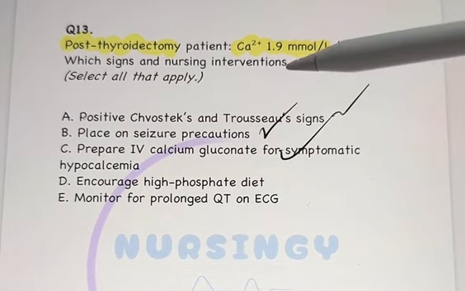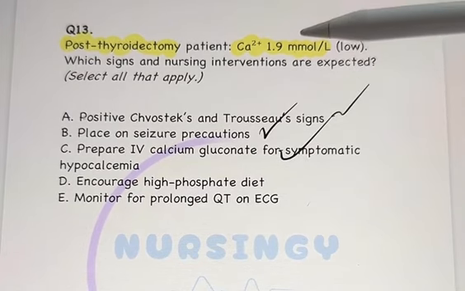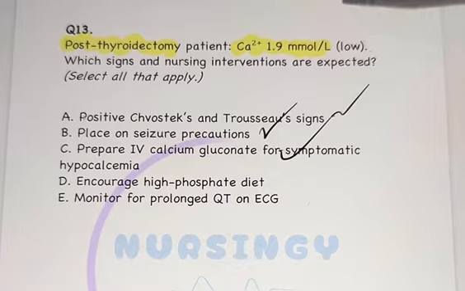Okay, seizure precaution, the three causes are hypocalcemia, hypomagnesemia, and hypernatremia. Two are hypo, magnesium and calcium, and one is hyper, sodium. They are the three causes of seizure, and that's the reason you don't correct sodium too fast either, because that will cause demyelination of the nerves.